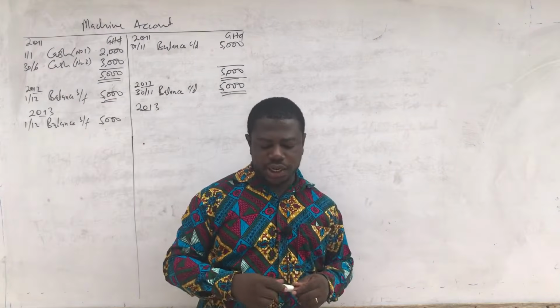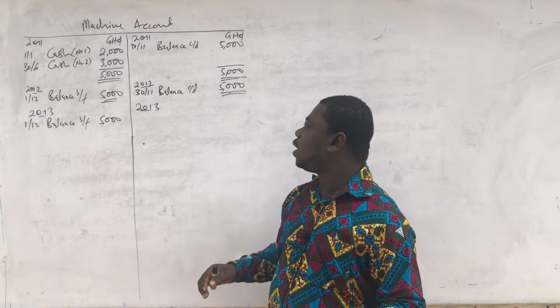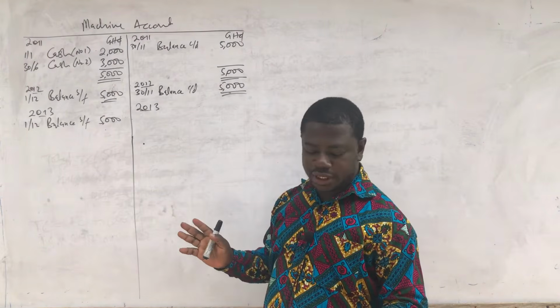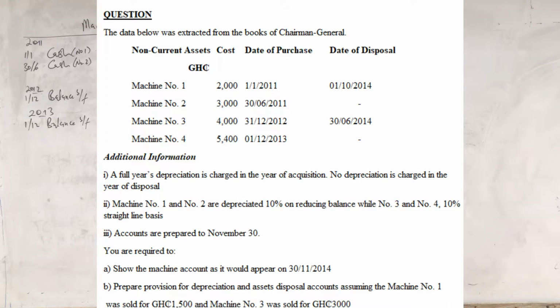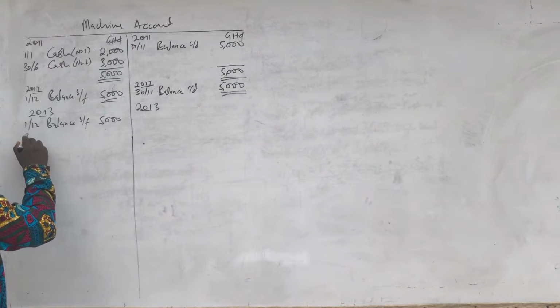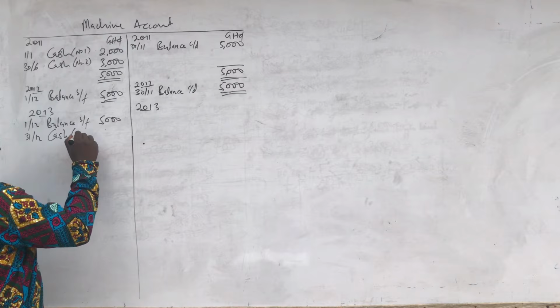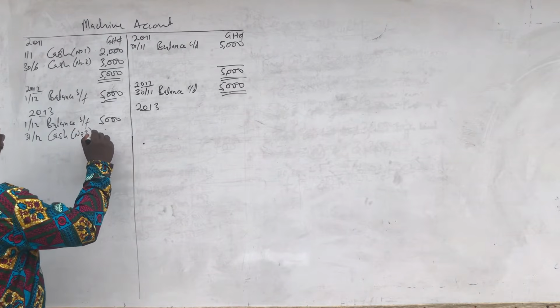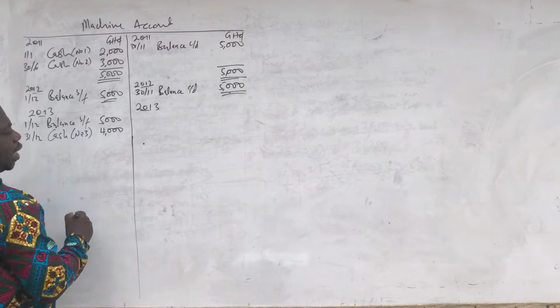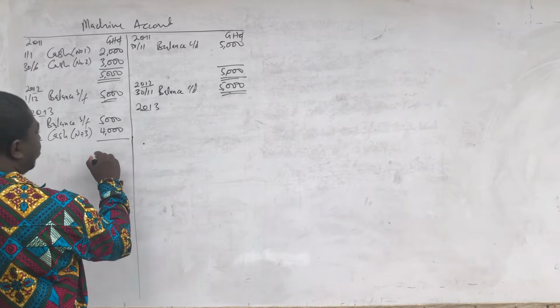All right, so now let us check whether we bought or sold some more assets in 2013. Now in 2013, we didn't sell any assets, but we bought machine number 3 for 4,000 on 31st December. So on 31st December, by cash, machine number 3 was bought for 4,000 Ghana cedis, and that is the only thing that happened as far as this account is concerned.